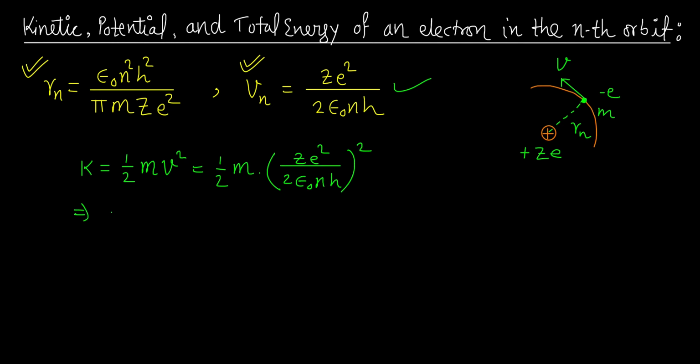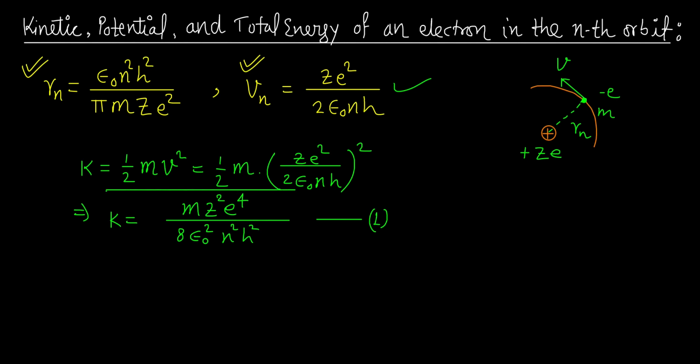From here we will get kinetic energy K equal to, if I open this square, m Z square e to the power 4, and this whole thing divided by 2 to the 4, that is 8, epsilon naught square n square h square. Let's write, this is equation 1. This is the first expression we wanted to derive. This is the expression for kinetic energy of the electron revolving around the nucleus in a hydrogen-like species.